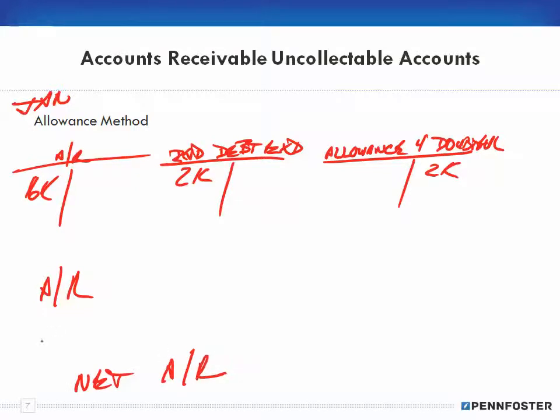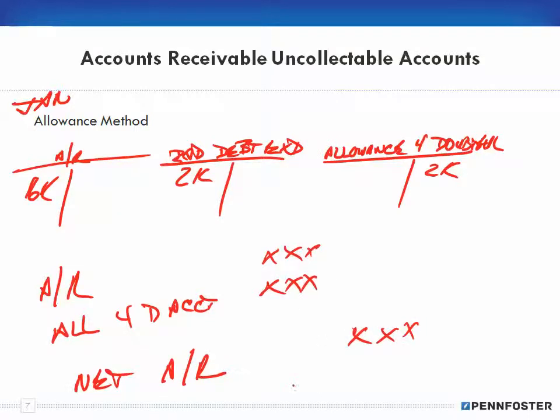Your net accounts receivable is what you have as receivables, less how much you're actually going to write off, which is what we're going to use for our allowance for doubtful accounts, right? So accounts receivable less your allowance gives you your net accounts receivable.